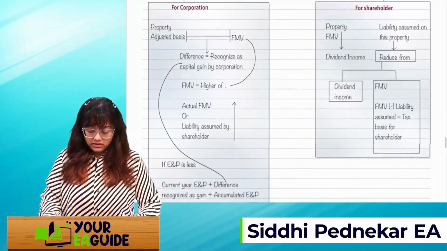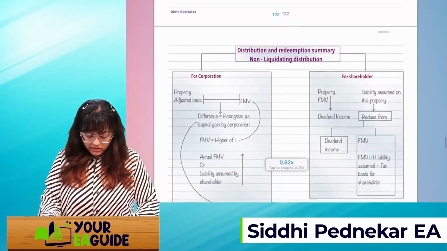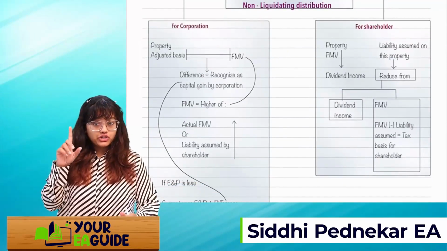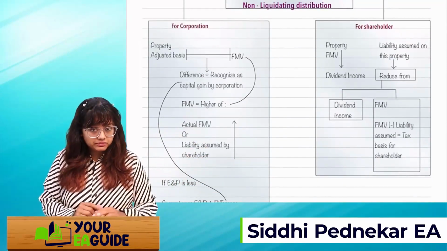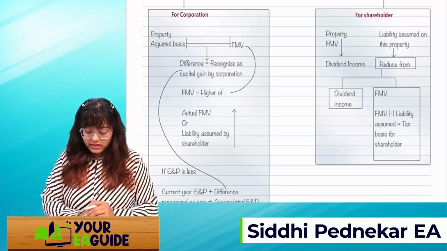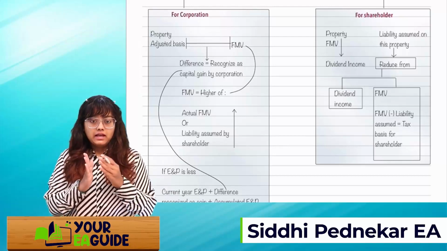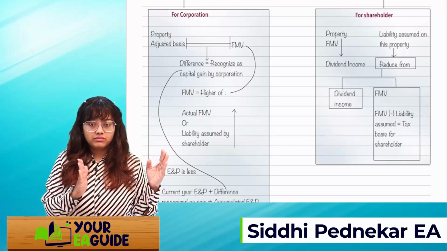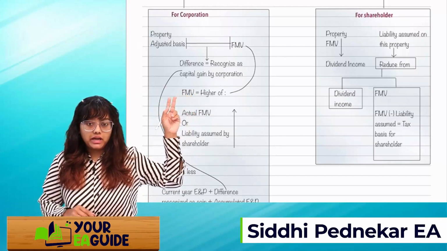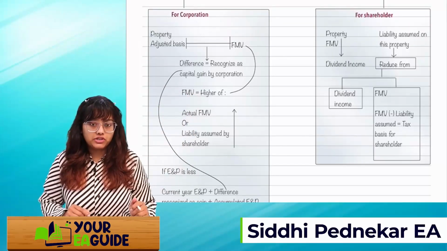Next, there's a small summary on distribution and redemption from the point of view of the corporation and from the point of view of the shareholder. Let's see, the property has an adjusted basis and an FMV. The difference between the adjusted basis and the FMV will be recognized as a capital gain by the corporation.